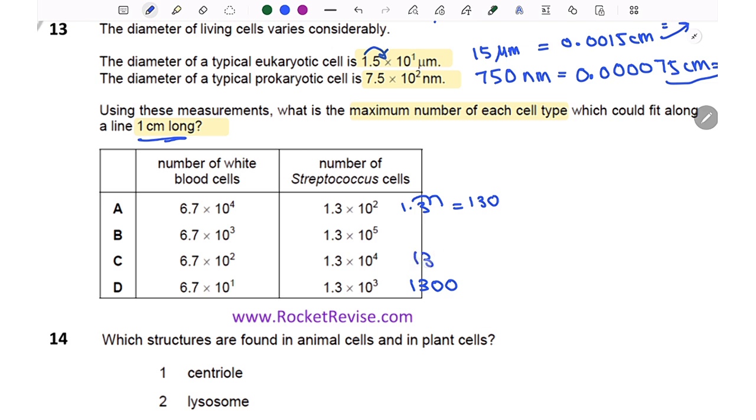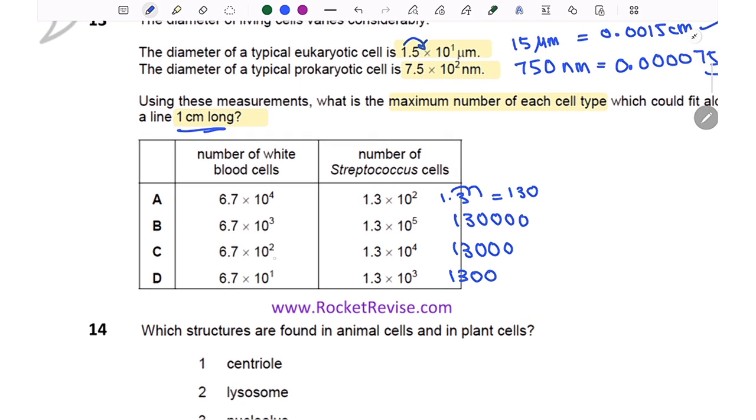To the power 4, it's just another 0, and 5, it's one more 0. So 4 zeros. Same thing here, 6.7 times 10 is 67, times 10 to the power 2, that is going to be 670. This is going to be 2 zeros and 3 zeros here.